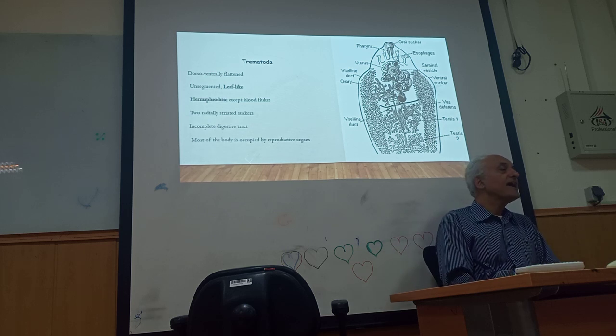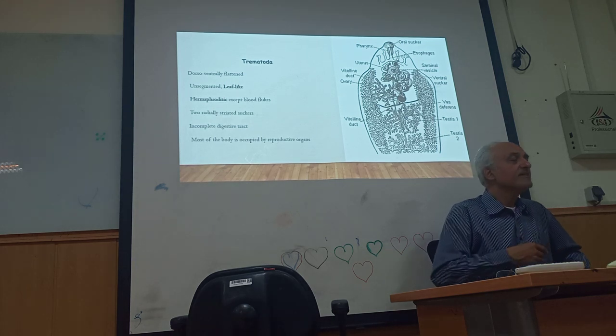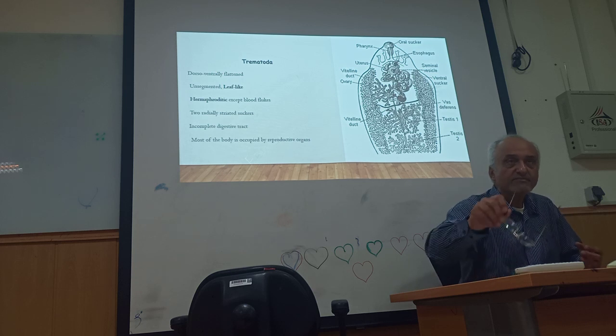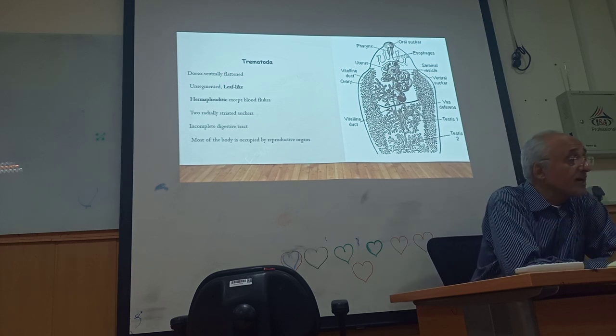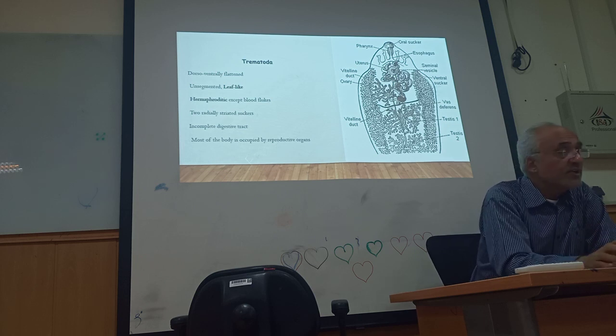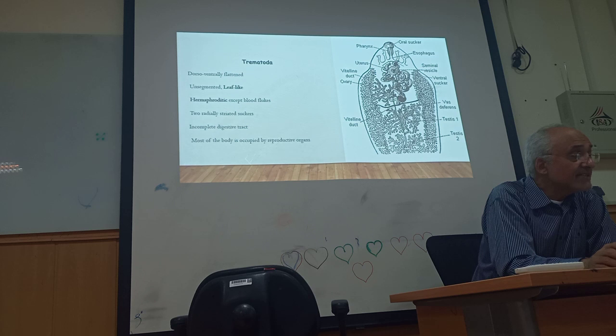And two radially striated suckers, incomplete digestive tract, like ceca, and most of the body is occupied by reproductive organs. You can see here, this is, for instance, testis, this is ovary, this is testis, branched one.